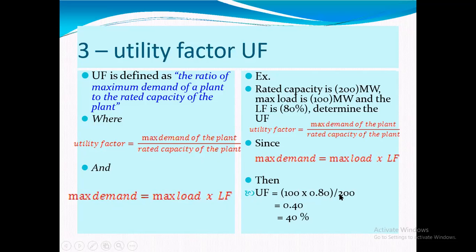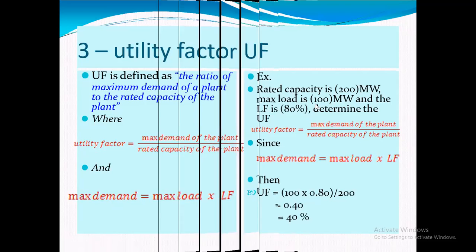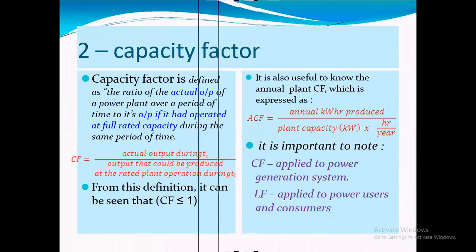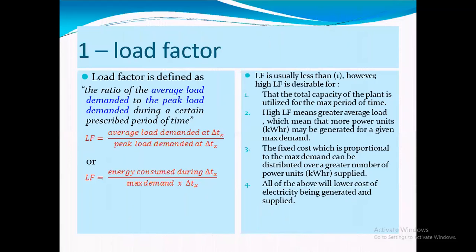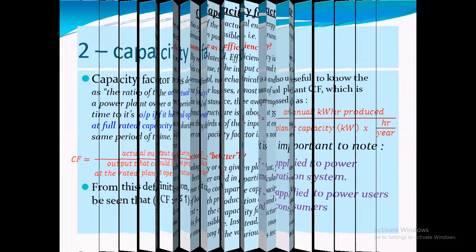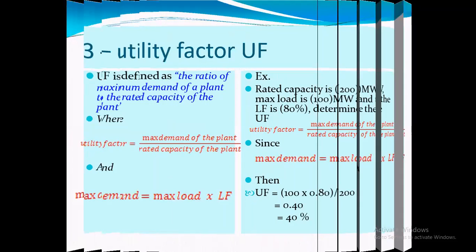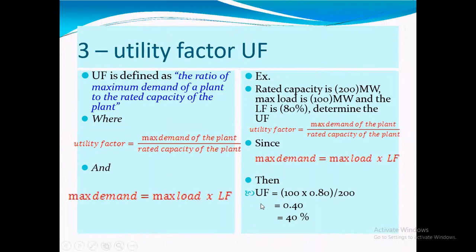These numericals are simple, but I skip these things which are discussed here. In topic 3, we are discussing the utility factor. The utility factor can be 0.40. By multiplying by 100, we get its percentage.